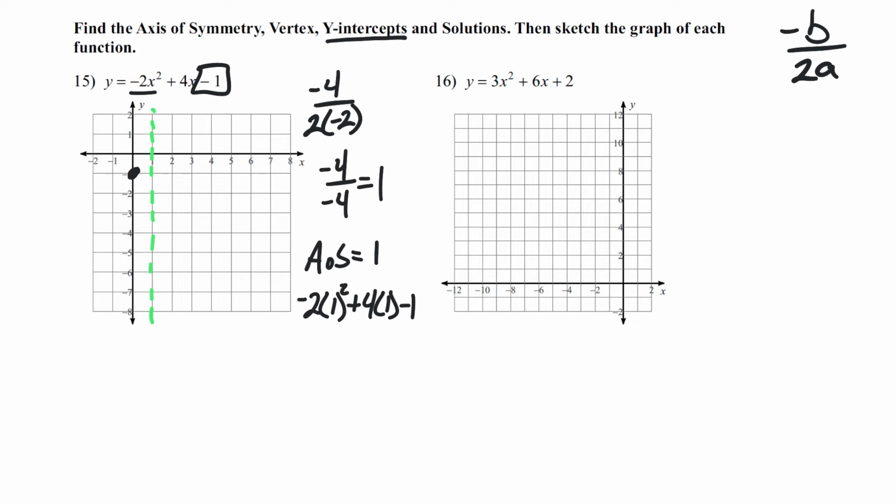Make sure you do the squared first. 1 squared is 1 times negative 2 is negative 2. So negative 2 plus 4 minus 1. Negative 2 plus 4 is 2, minus 1 is back to 1. So my vertex is at 1, 1, which means I will have a point here as well.